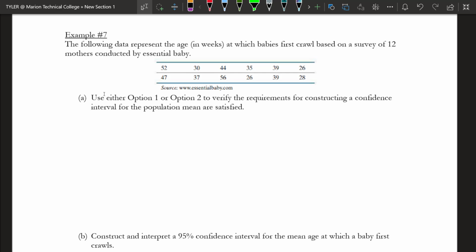So, one condition is we need the data to be collected randomly. So we're going to assume that this is true, right? Because it says there was a survey done, and we'll just assume that the people doing it did it correctly, right? Did like a random sample. The second thing is that we need the sample size to be less than 5% of the population size, right?